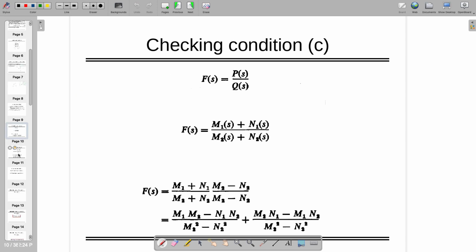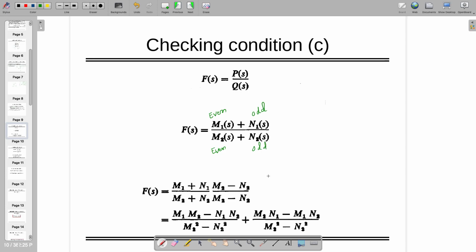The third one can be checked by one technique where F of s is equal to P of s divided by Q of s, and it can be written with two things. The numerator has even entries, known as m1 of s, and all the odd entries of P of s are known as n1 of s. m2 of s is the even entries of Q of s, and all the odd entries of Q of s are n2 of s.